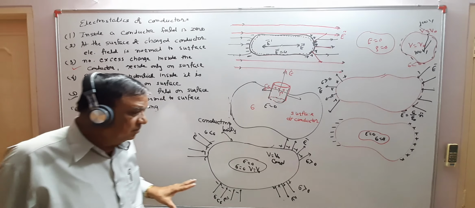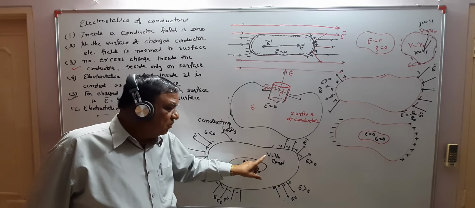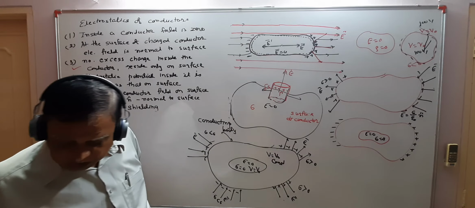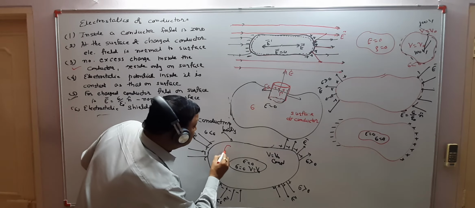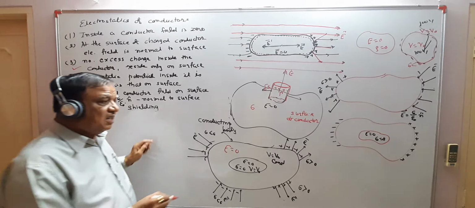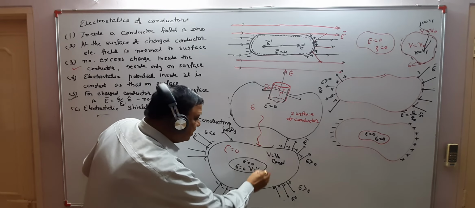Again, you know, the field is zero inside the conductor, so V equals V0, which is constant inside the conductor. So whatever work is done in bringing a unit charge up to the surface remains the same at all points.